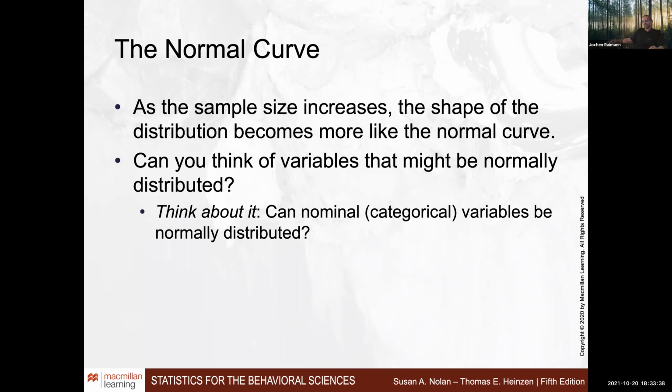Now the question: can a nominal or a categorical variable ever be normally distributed? Is that actually possible? Any guesses? It can't be. Think of the definition of a histogram.